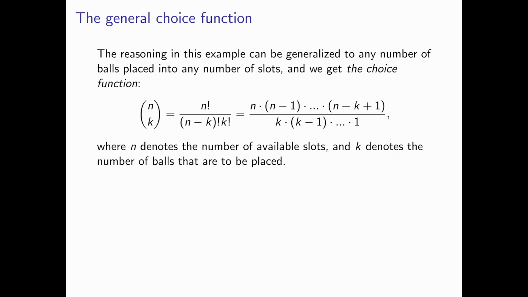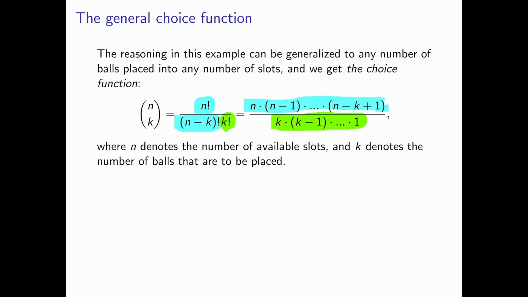It can be written as n times n minus 1 times and so on all the way down to n minus k plus 1, all divided by k times k minus 1 times k minus 2 and so on all the way down to 1. And here, once again, we note that this part here corresponds to this numerator here. And then we have this k factorial corresponding to this denominator over here.